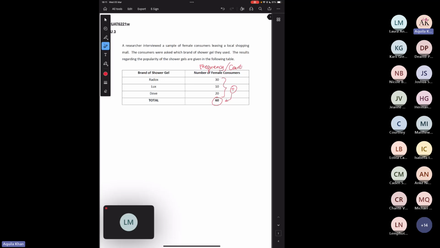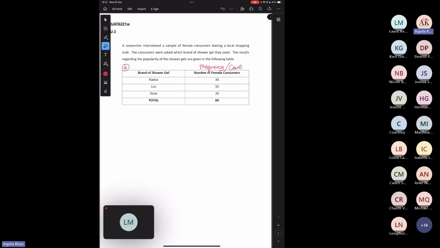Whether you're drawing up a bar chart or a pie chart, almost the same idea is applied. You're always going to need this table, this information given to you, for both a bar chart and a pie chart.